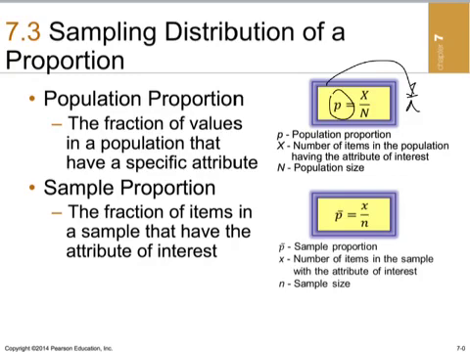So population proportion, the fraction of values in a population that have a specific attribute, like the percentage of red cars, percentage of green cars, percentage of adults over the age of 25 that have access to post-secondary education. So there's an attribute that we're interested in, or what percentage of the population will vote Liberal, or vote NDP, or vote Conservative.